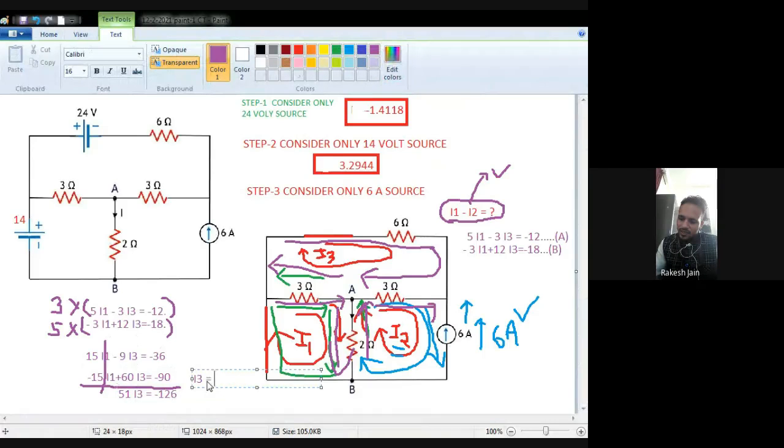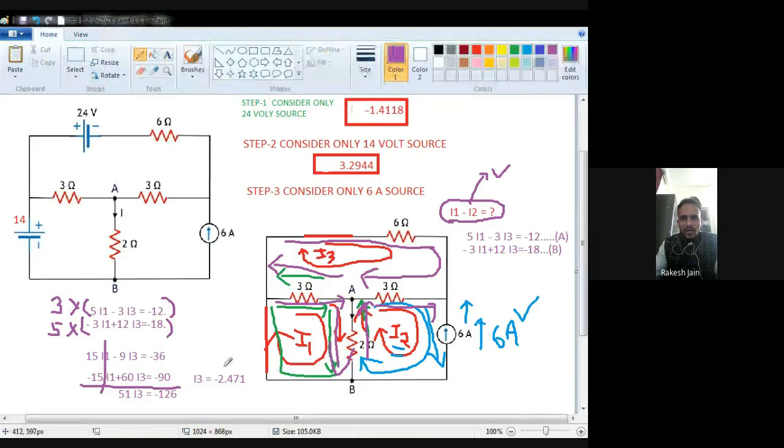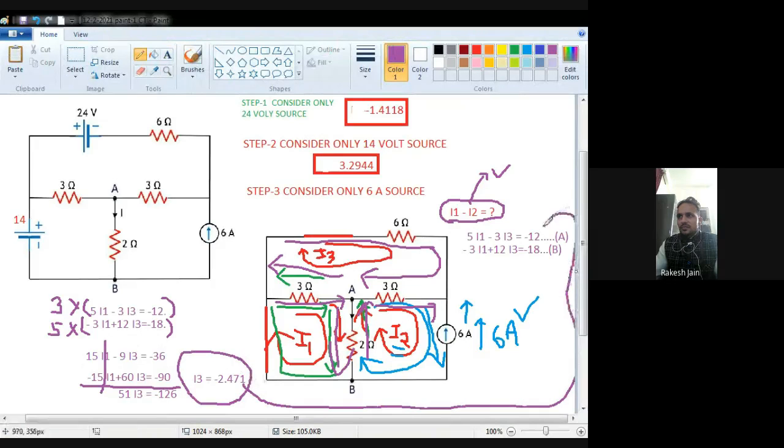Minus 3 I1, minus 3 I2, plus 12 I3, and that is equal to 0. This is my equation number third.